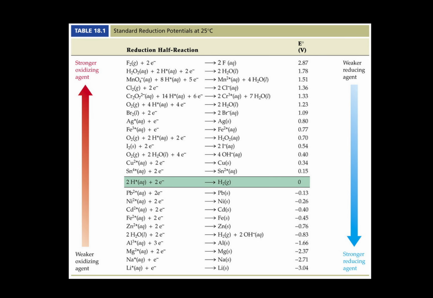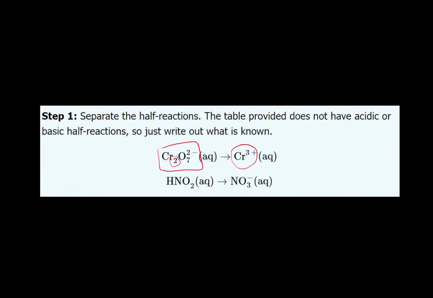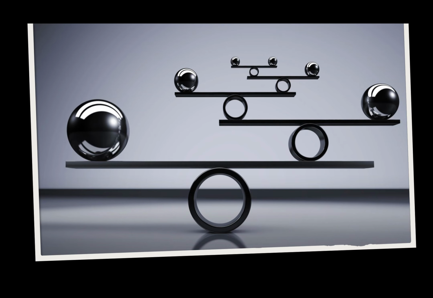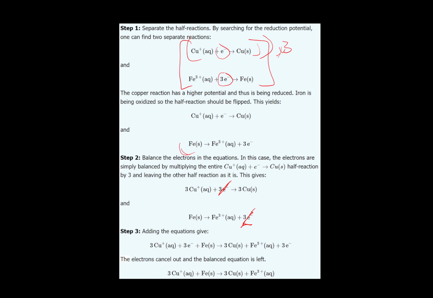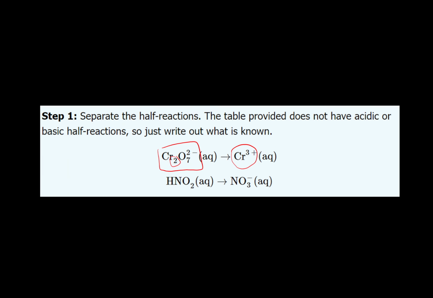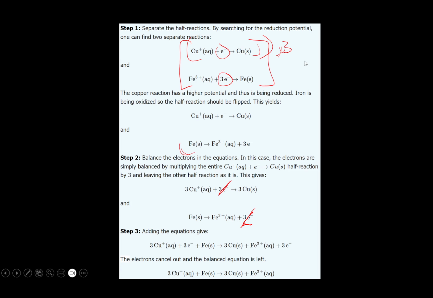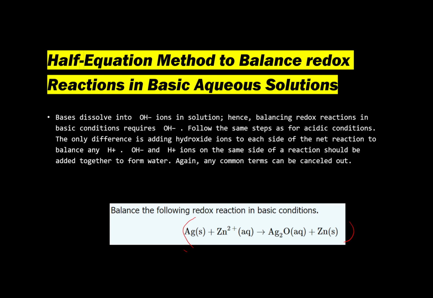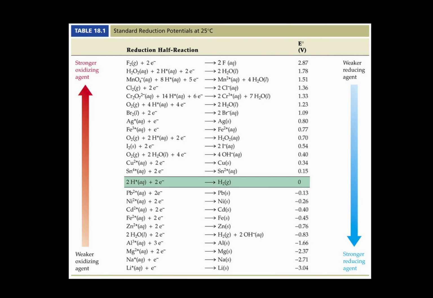You will understand why, in our primary reaction where we had the redox in neutral aqueous solutions, since copper has a higher reduction potential, copper was the one that went through reduction, and we flipped iron's reduction to an oxidation. We're going to understand why we do that, and that's really based on who has the higher reducing power or who has the higher oxidizing power. So we're going to be going through that in module 2.